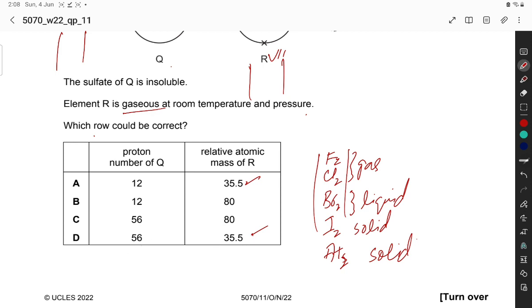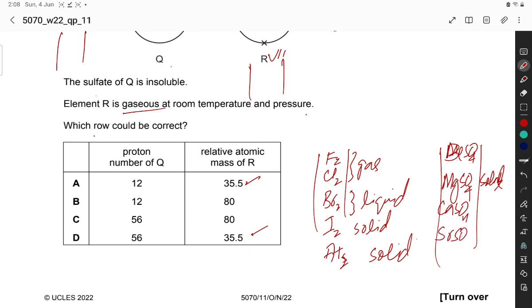The sulfate of Q is insoluble. The solubility of group 2 sulfates decreases going down. Beryllium and magnesium sulfates are soluble. Calcium sulfate is insoluble. Strontium sulfate is insoluble. Barium sulfate is insoluble. So these are insoluble.